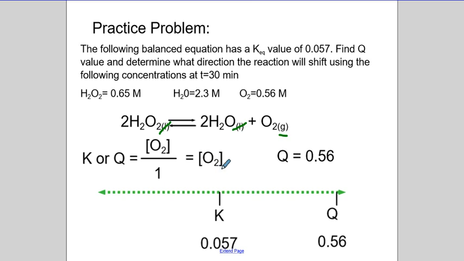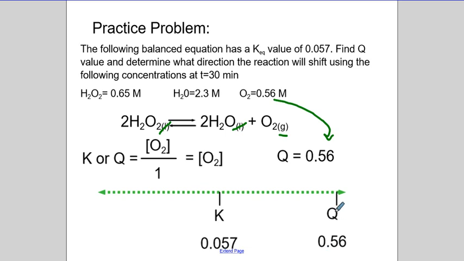So if all of these values right here are for the system not at equilibrium, well, that means it's just Q. It's this right here. So Q is equal to O2, so this right here is our Q value. There's not a whole lot worth calculating. Since we know where Q is, we throw a number line up here. Here's K. K is 0.057, and Q is 0.57. So that whole extra zero right here matters a whole lot.